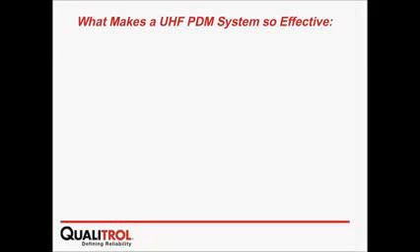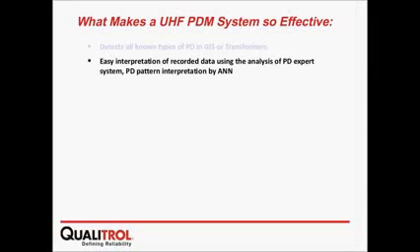So what makes a UHF PDM system so effective? It detects all known types of PD in GIS and transformers. Easy interpretation of recorded data using the analysis of the PD expert system. As I mentioned before, what to do with that data? You need to have a smart system, smart software. At Qualitrol with DMS, we have around 1 million events of partial discharge.